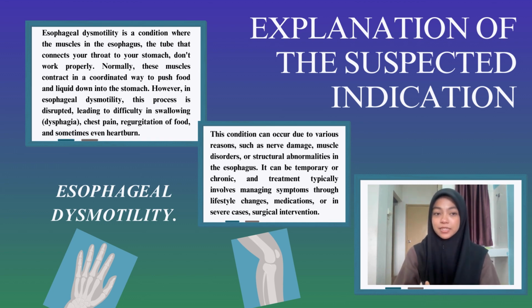However, when this process is disrupted, it leads to difficulty in swallowing, chest pain, and sometimes even heartburn. This condition can occur for various reasons such as nerve damage, muscle disorder, or structural abnormalities in the esophagus. It could be temporary or chronic. Treatment typically involves managing symptoms through lifestyle change, medication, or in some severe cases, surgical intervention.